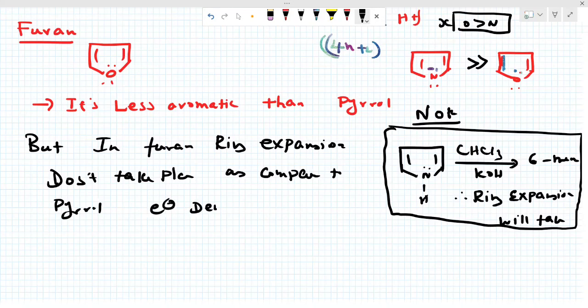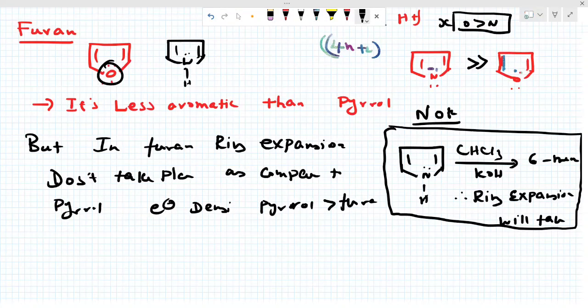The electron density of Pyrrole is higher as compared to Furan. Listen, understand. In these two molecules, the oxygen atom has more electronegativity. Due to the higher electronegativity, Furan is electron deficient compared to Pyrrole. Due to electron deficiency, Furan does not undergo ring expansion, but Pyrrole undergoes ring expansion.